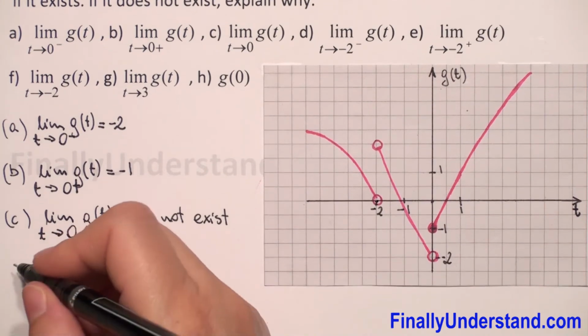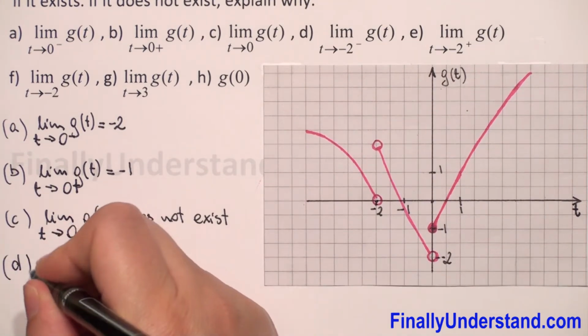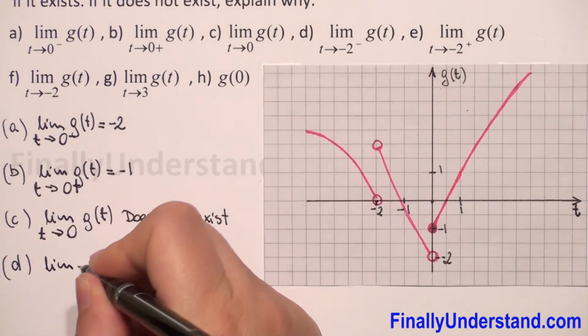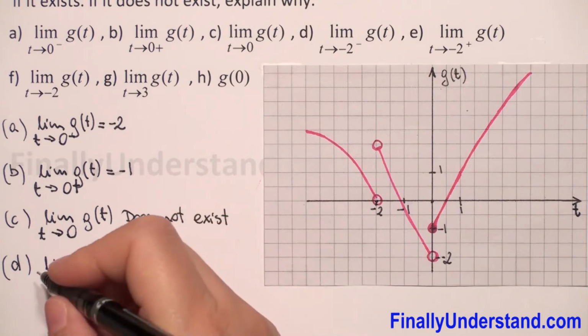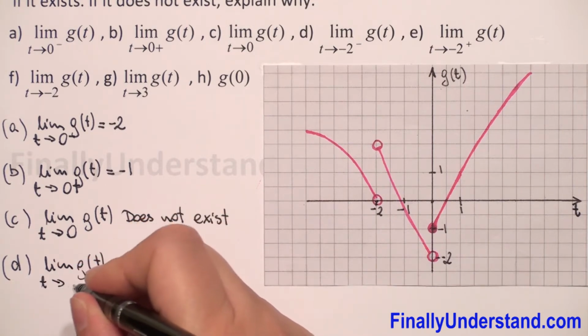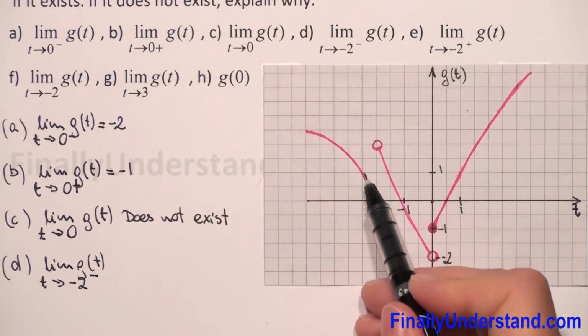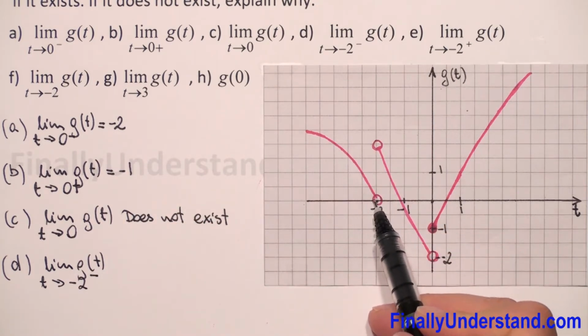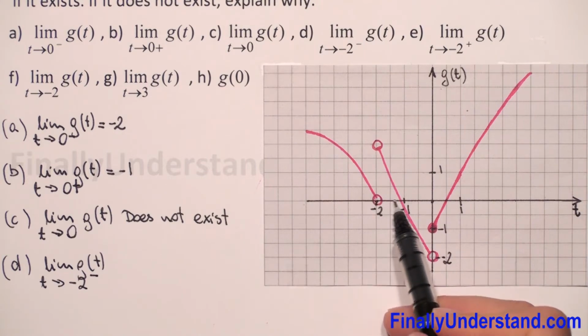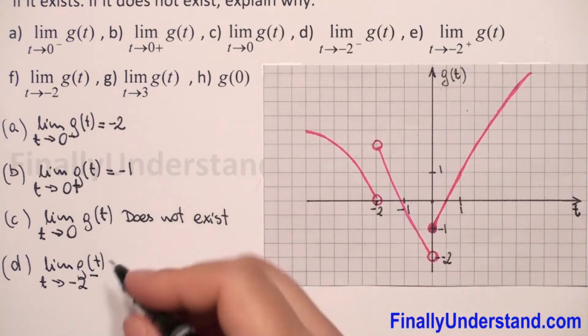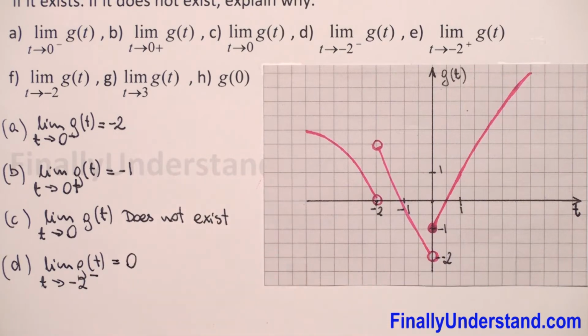So the limit, question D, g of t as t approaches -2 from the left: one more time, we are going to -2 from the left side, we approach the value 0. So we have our limit.